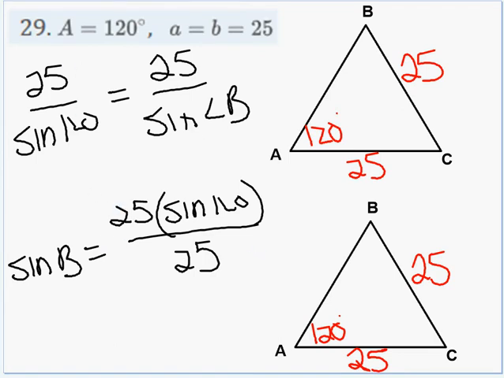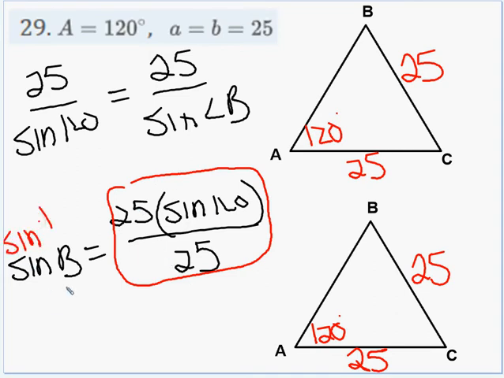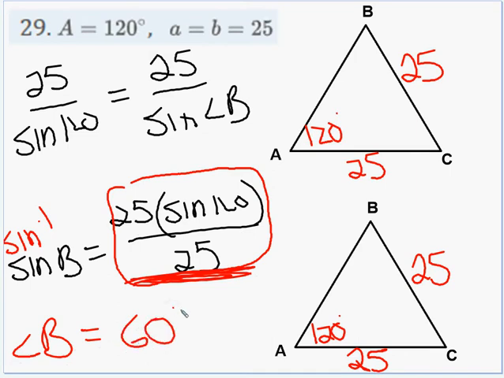If we start working on this mathematically, we can punch this in our calculator, and we'll get a decimal answer. And then once we get rid of this sine by taking the sine inverse of this decimal over here, our calculator will tell us it is 60 degrees.